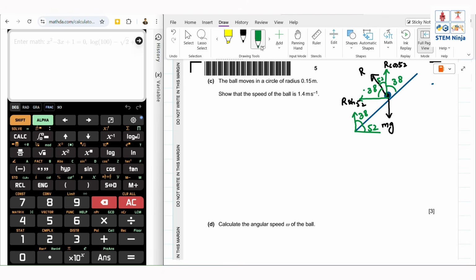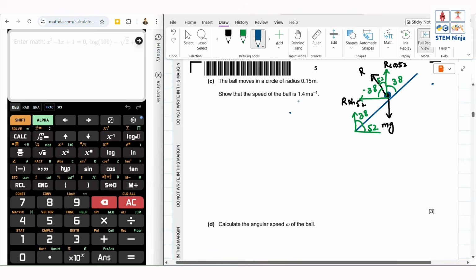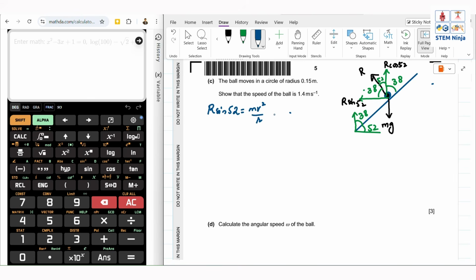So what we have over here, since we need the centripetal force, R sine 52 is equal to mv squared over R, and the other one, R cos 52, is equal to mg.